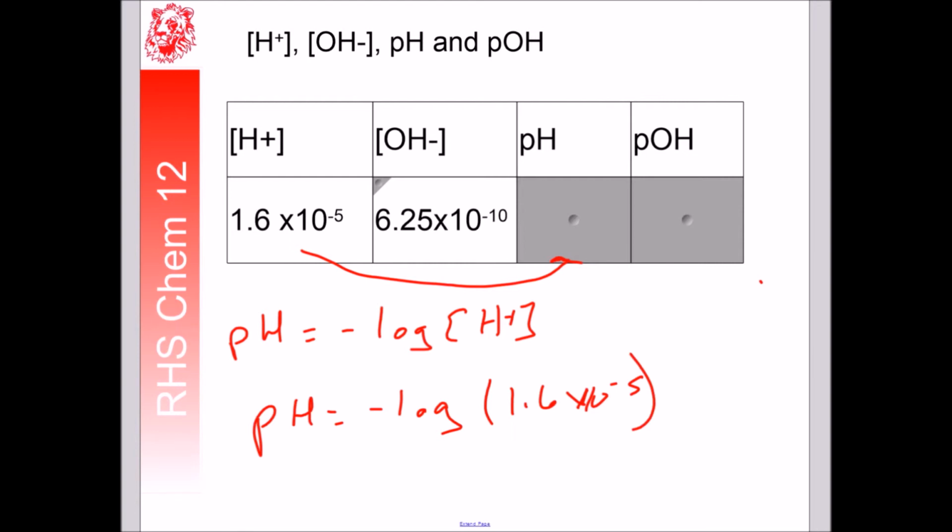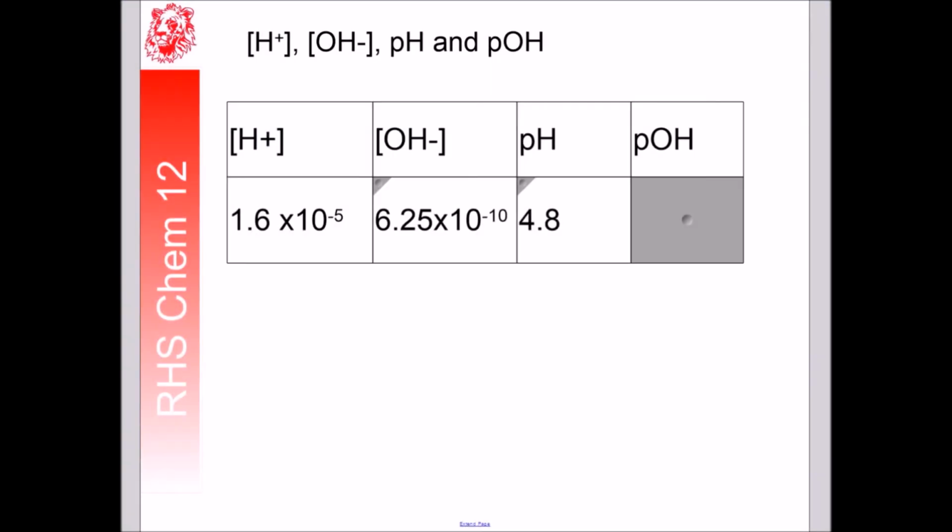And I know before I put it in my calculator that it's going to be somewhere around 5. Maybe it'll be a little less, maybe like 4.9 or 4.8, but it's going to be somewhere around that negative 5. So I throw that into my calculator, and out comes my answer, and the answer turns out to be 4.8.